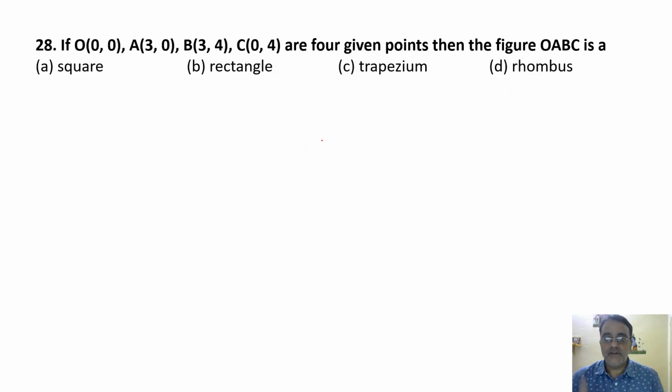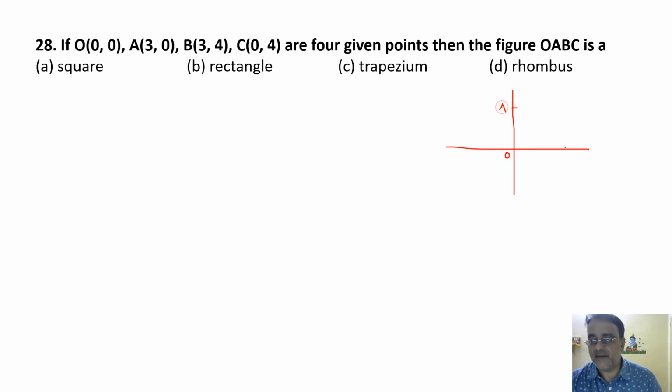If O(0,0), A(3,0), B(3,4), C(0,4) are 4 given points, then the figure OABC is a dash. So हम लोग क्या करेंगे, इसको rough figure draw करेंगे. देखो ध्यान से, ऐसे ही मैं rough sketch draw कर रहा हूँ. So this is O and this is A, right?